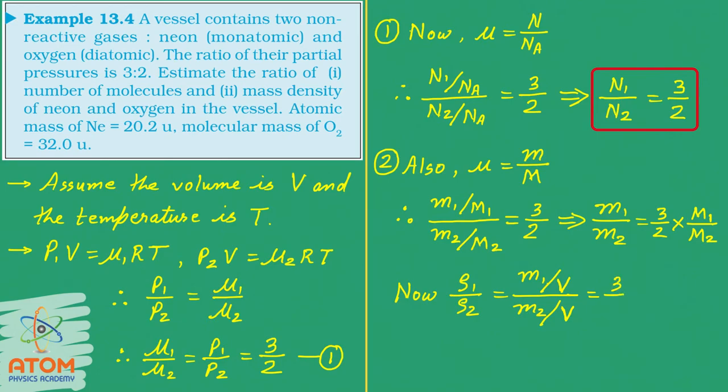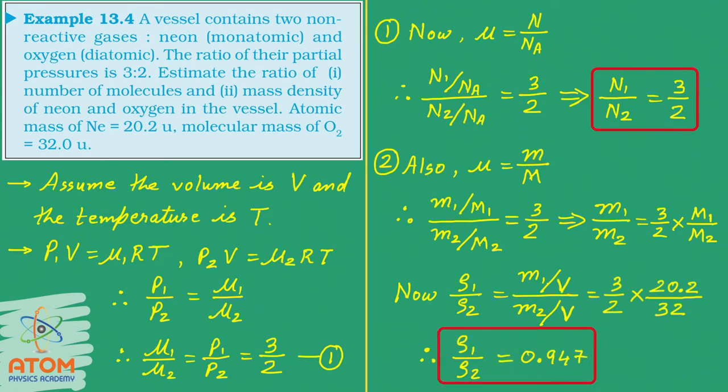So m1 upon m2 is 3 by 2 into M1 upon M2. Now capital M1 is 20.2 and capital M2 is 32. So this will give us the final answer, that is the ratio of density rho1 upon rho2, and that will be 0.947. So the ratio of density of both the gases is 0.947. That is our second answer.